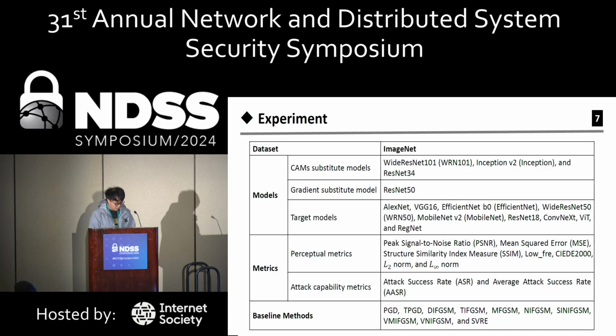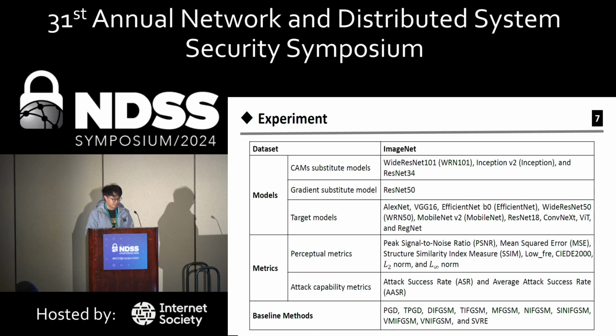We validate our method mainly through 5 parts. It includes the perceptual evaluation, attack performance, transferability, robustness, and ablation studies. Due to the time constraint, robustness and ablation studies will not be elaborated in detail.